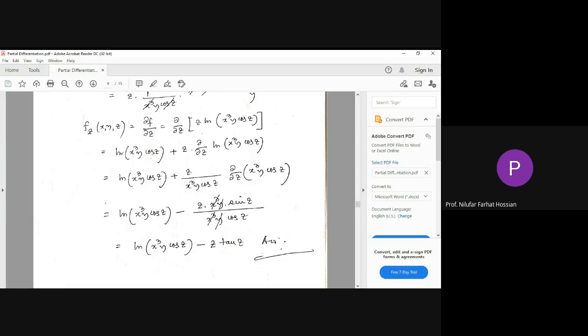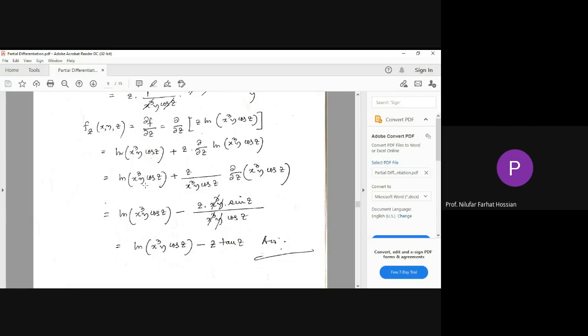So your u is z and v is ln of this. So at first, if you keep this ln of this thing constant, del z of z is 1, so it will be 1 into ln of this.